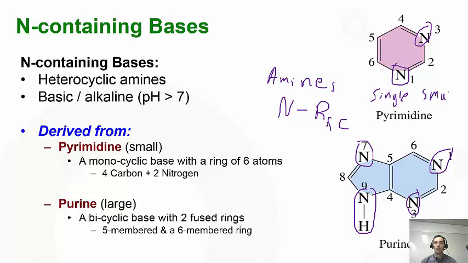So the smaller one has the larger name, whereas the purine has the shorter name and its structure is larger. So it's larger because it has two ring structures. So we call these compounds bases because they are actually slightly alkaline, and that means that they're actually good acceptors of H+.